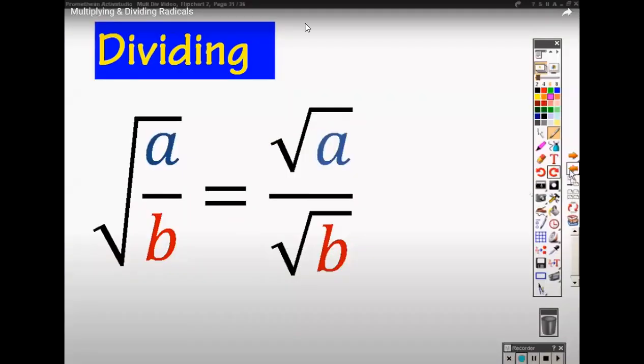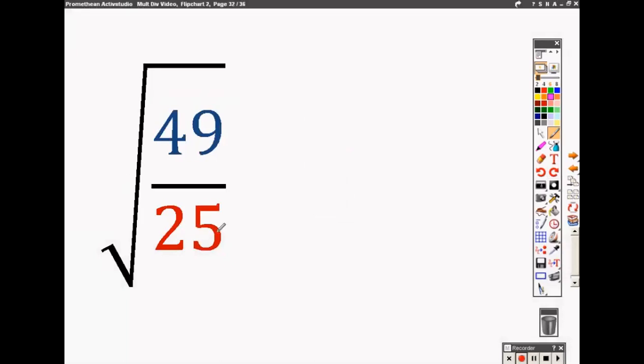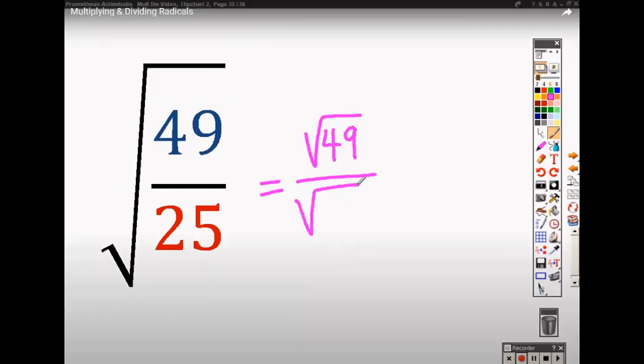Now we will move to the second part in our lesson today, which is dividing. Once we have a square root of a over b, we can divide it into two parts. Let's take an example. When I have the big radical 49 over 25, that's equivalent to saying square root 49 over square root of 25.